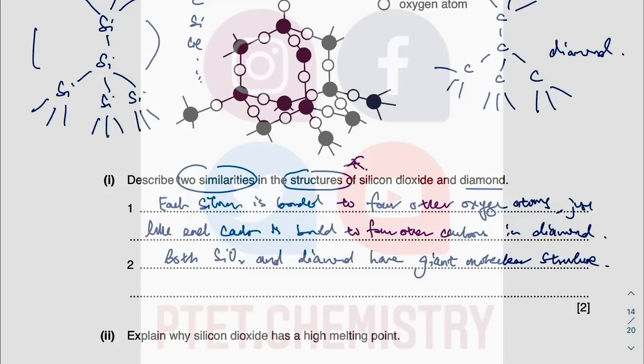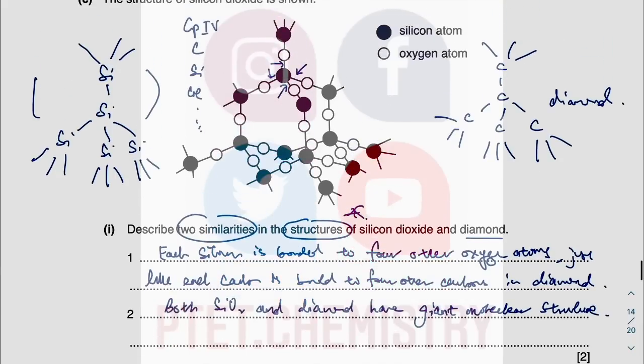I did mention that each of these is a covalent bond. 1, 2, 3, 4. Each of these is a covalent bond. It is pretty much implied from here really. When you say each silicon is bonded to 4 other oxygen, that means there are 4 covalent bonds there, and each carbon is bonded to 4 other carbon, there are 4 covalent bonds. So it's kind of together in this package already, yeah. But this is probably the obvious one, just by stating the structure, both of them are giant molecular.